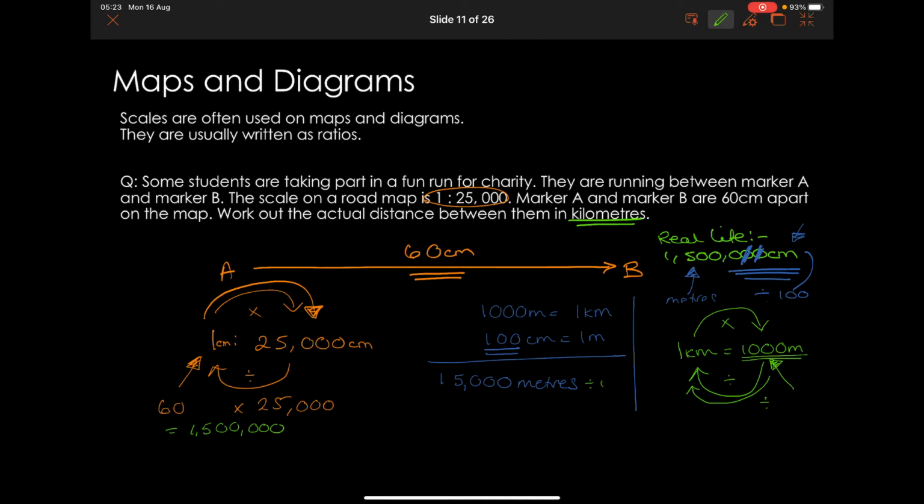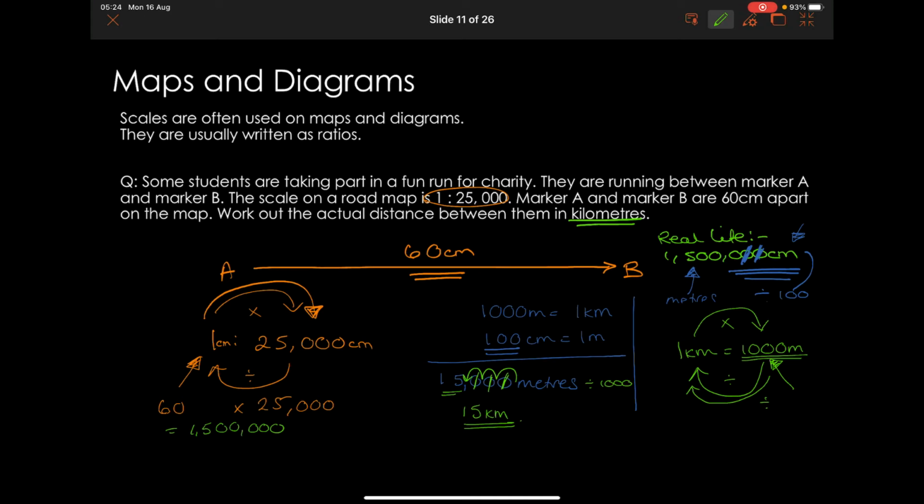To divide by 1,000, I just take off the last 3 zeros. Or you could say move it back 3 decimal places. And you're just left with 15. So you're left with 15 kilometres. And that would be the answer to your question.